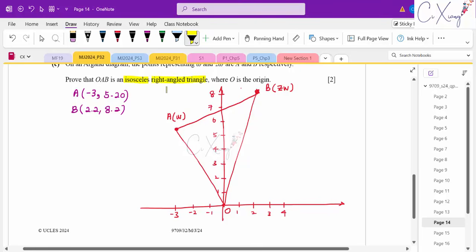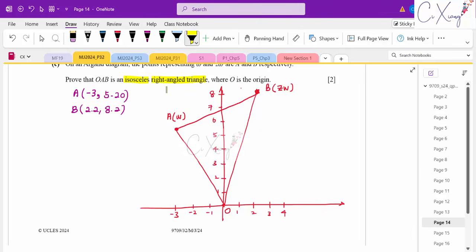Okay. So isosceles means that two of the sides of the triangle are equal in length. Or maybe what you can do to prove it is isosceles is prove that two angles in the triangle are the same, where the other one is different. Okay. So let's have a look. How can we prove it?